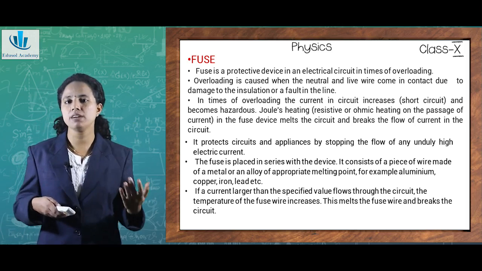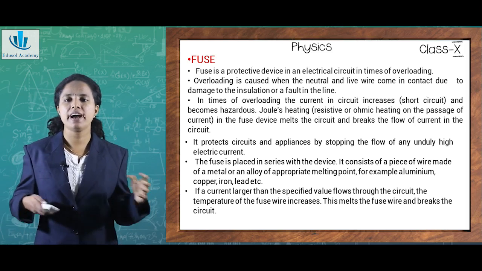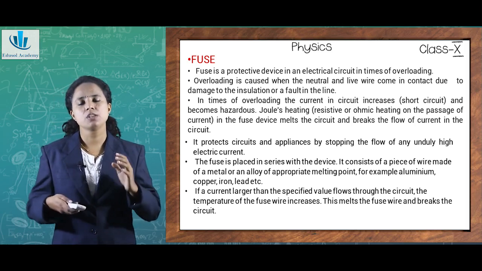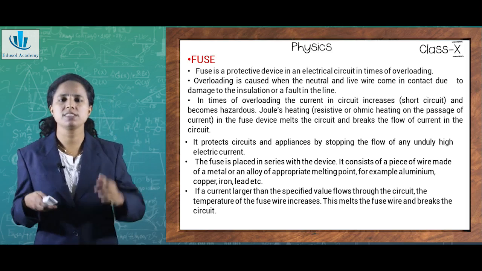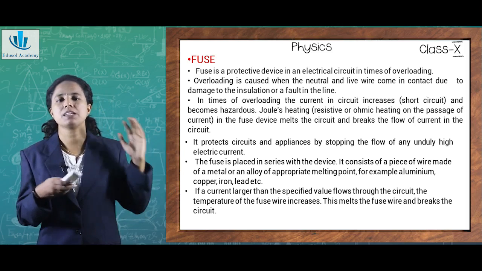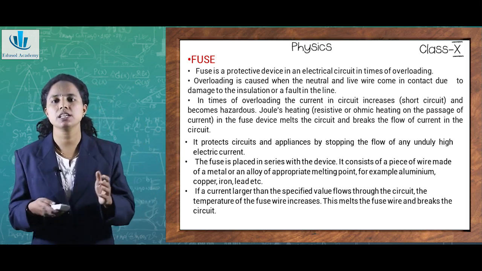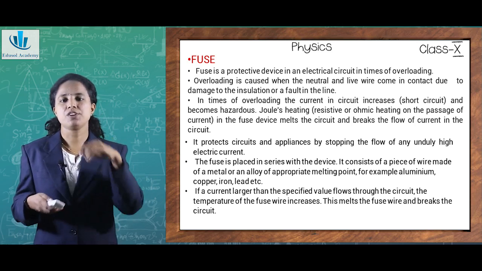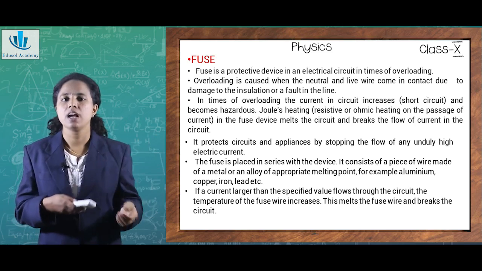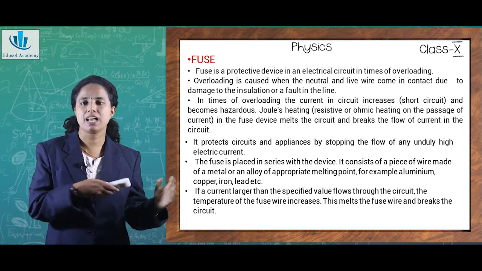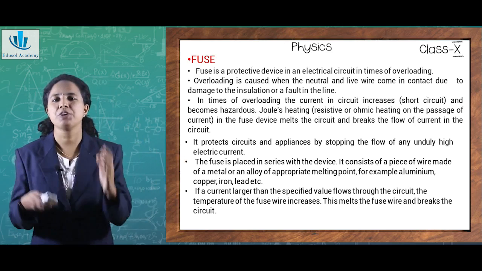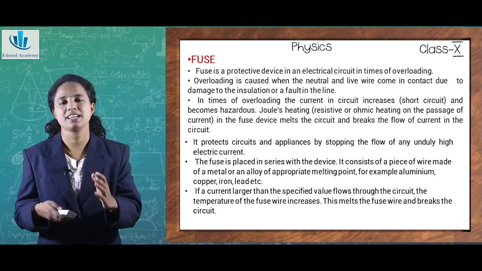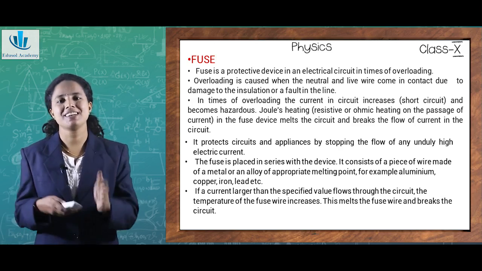It can be aluminium, copper, lead, iron, etc. So if a current larger than the expected or specified value flows in the circuit, then the fuse wire comes into action. The temperature of the fuse wire will increase, and thus the fuse wire will melt and break the circuit, and it protects the other devices which are connected to the domestic electric circuit.